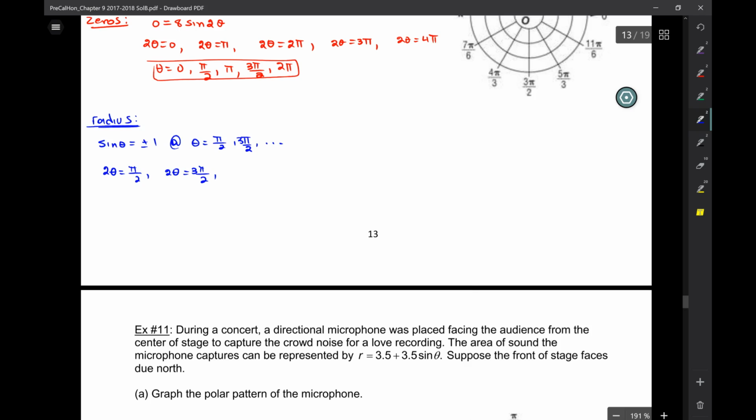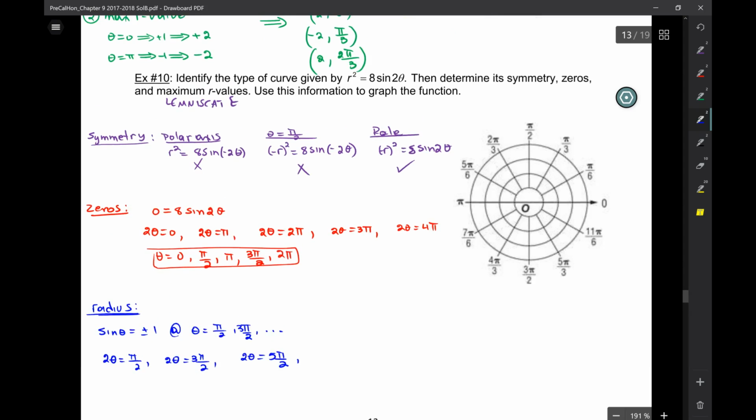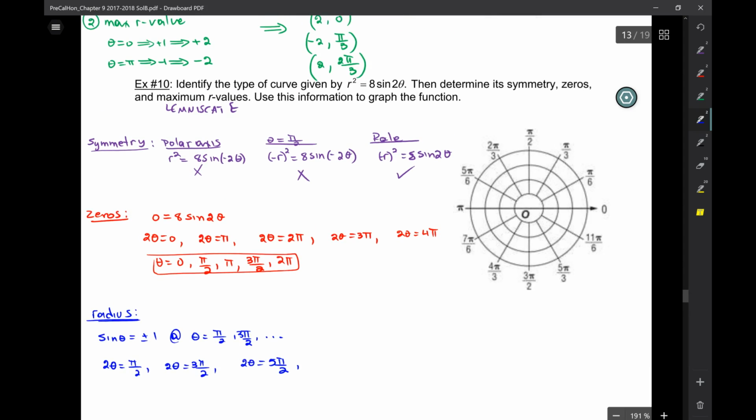Again, we get all of them up to something. 2 theta, because our function is 2. Okay, so here it is. Sine is a maximum when the angle is pi over 2 or 3 pi over 2. The angle here is 2 theta. So we say when the angle is equal to blah, blah, blah, and then we solve for theta, the variable.